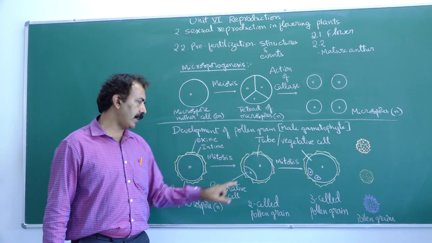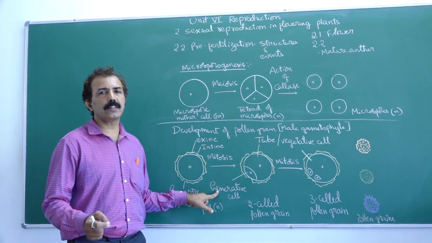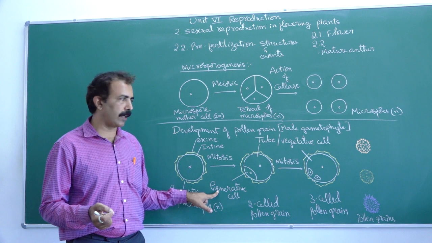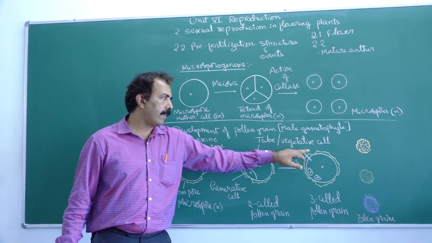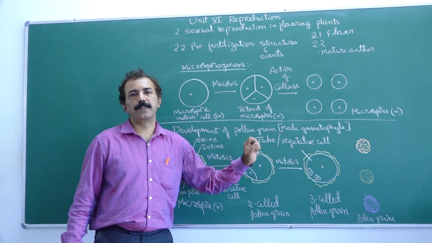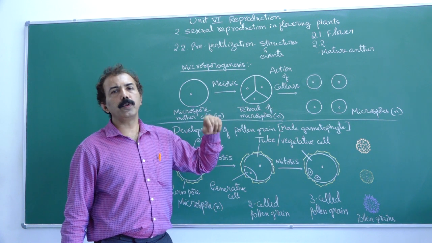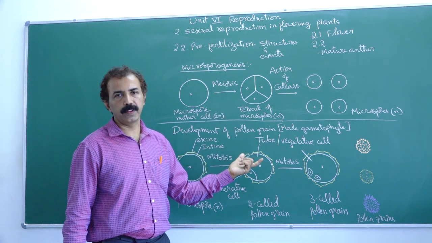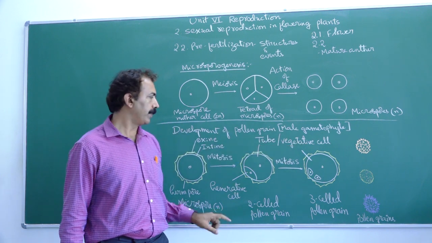The small cell, we call it the generative cell. The lenticular cell is also called the generative cell. Another cell is the tube cell or vegetative cell. This cell will produce the pollen tube in future. When we study the topic fertilization, we will discuss that.